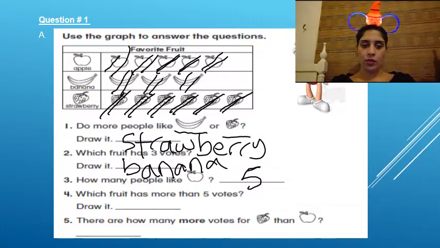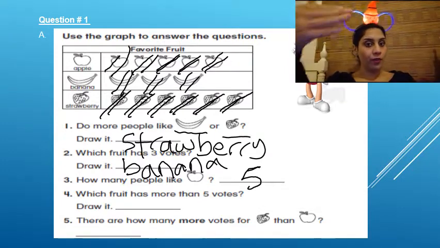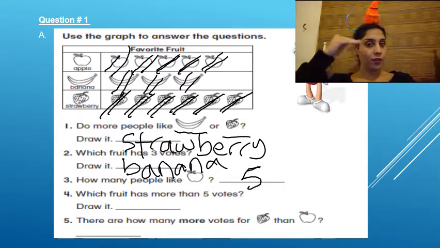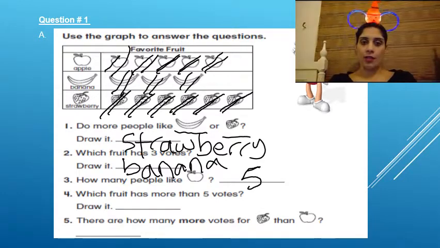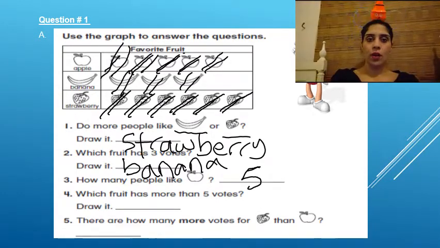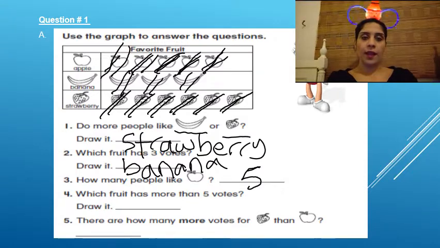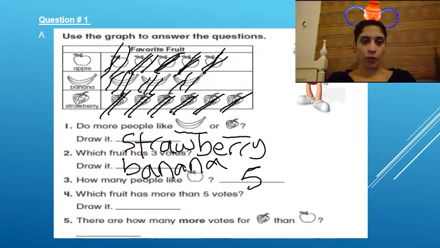We have, which fruit has more than 5 votes? We have to look for which fruit has more than 5, not less, not 5, more than 5. Let's count the apple first. 1, 2, 3, 4, 5. There are 5, but there are not more. Let's count the bananas again. 1, 2, 3. There are 3, there are not more.